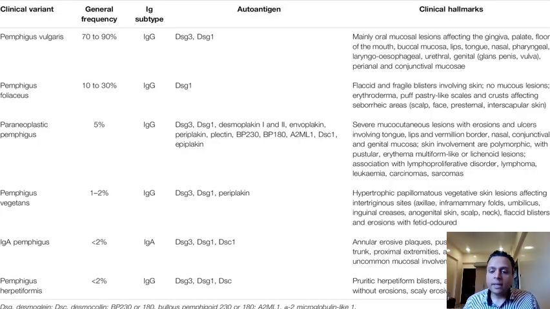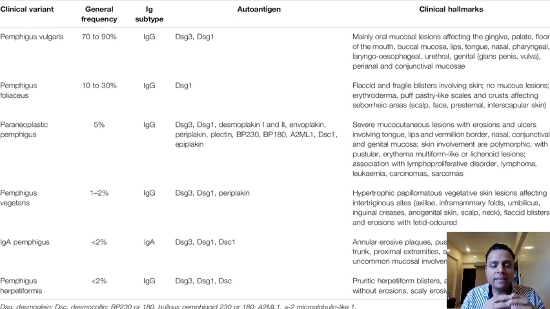Now see the various types of pemphigus. I will be showing you the classification. We can divide it into pemphigus vulgaris, foliaceus, paraneoplastic pemphigus, pemphigus vegetans, IgA pemphigus, and pemphigus herpetiformis. This is the classification which I like.